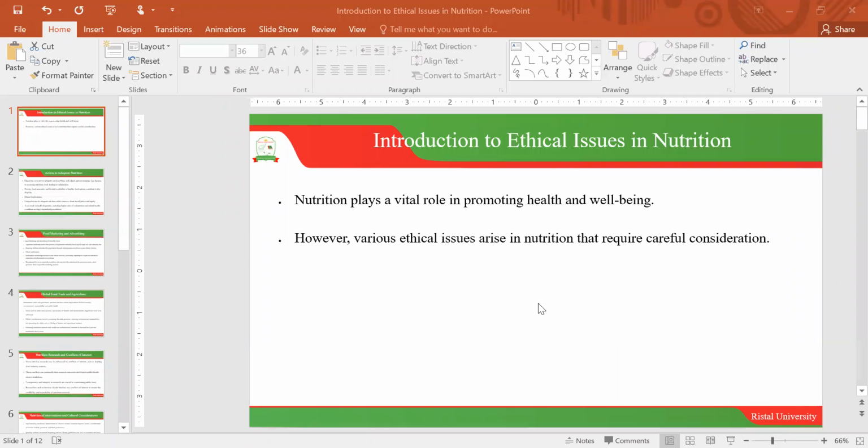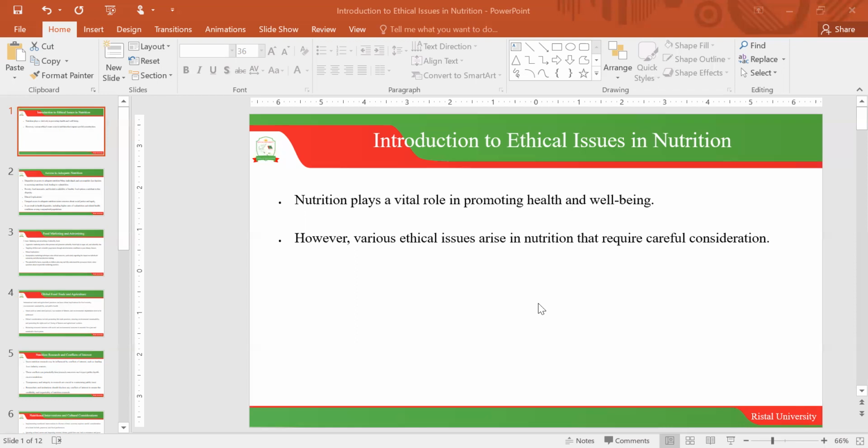Of course, the ethical principles that we have been discussing related to doing good to the patient or to the client, that is beneficence, not doing anything harmful to the patient, that is the principle of non-maleficence, then the principle of confidentiality, not sharing information about the health of the patient with another person who is not authorized, and then issues of autonomy, that someone has the right to make decisions on their own.